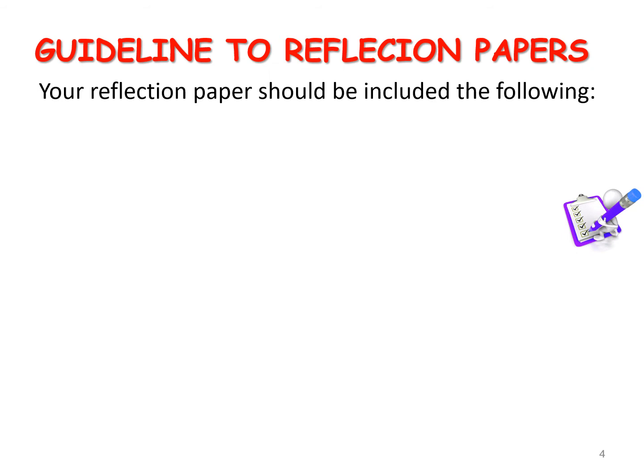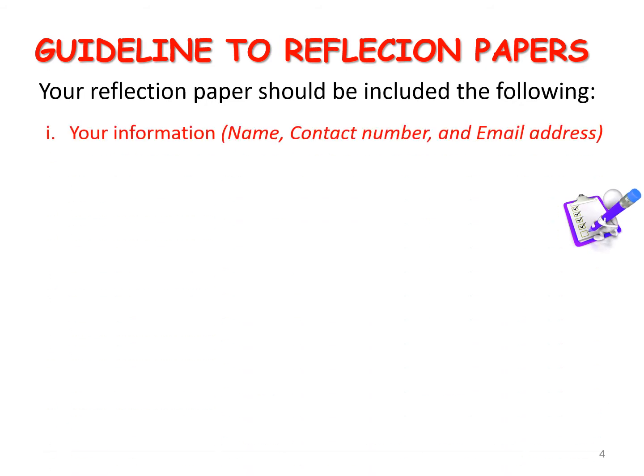So your reflection paper should include the following. Your information about name, contact, and email address. This one is important since in some cases you did not put your name, or you just used your email, and sometimes it's not your name as well.